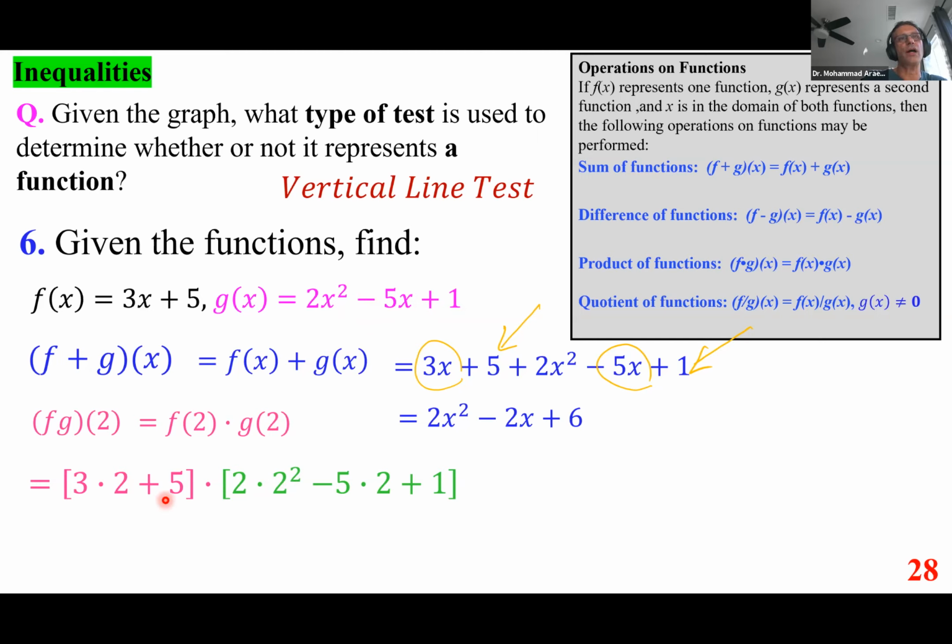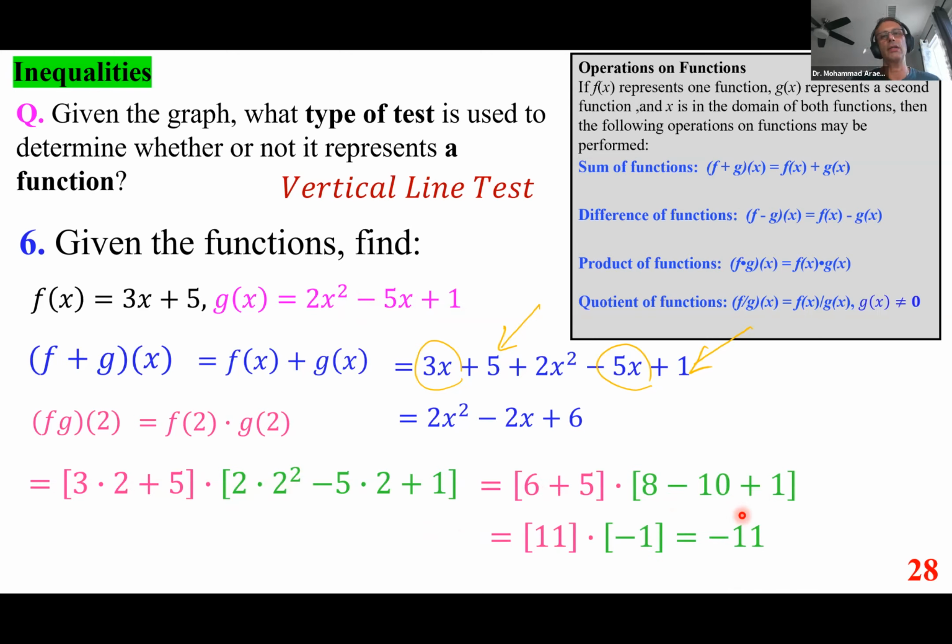This is 6 and 5. This is 2 squared, 4 times 2, 8 minus 10 plus 1. Six and 5 is 11. 8 minus 10 is negative 2, plus 1 is negative 1. Their product is negative 11.